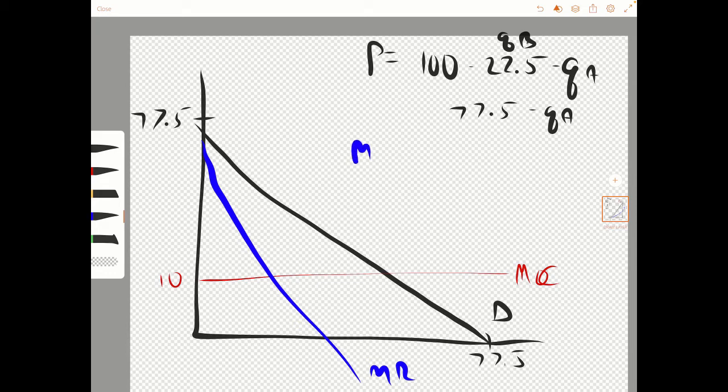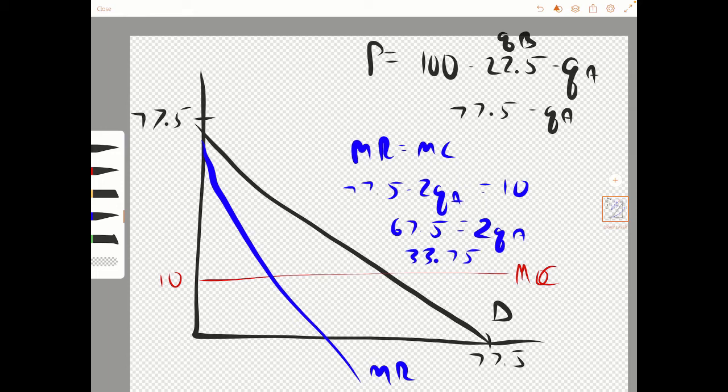So we know marginal revenue is going to be 77.5 minus 2QA. We set that equal to marginal cost of 10. That gives us 67.5 equals 2QA. So QA is 33.75. That's this amount right here. So now the industry quantity has changed once again.